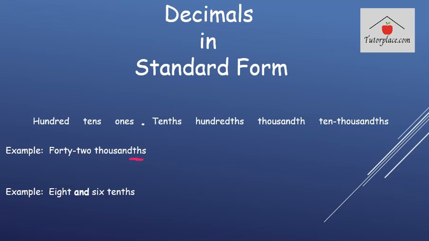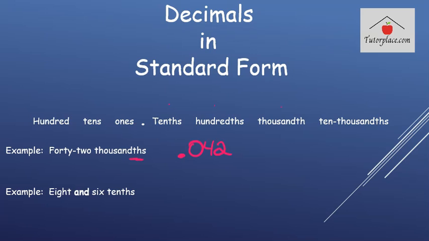So I know, and there's no and, so I know I'm going to have a decimal, and then I've got 42 thousandths. So, thousandths means that I'm in the 1, 2, 3rd position. 42 only takes 2 numbers, so I know I have to put a 0 in here as a placeholder. So, look at it, 42. It's in the tenths, hundredths, thousandths. So that's correct.